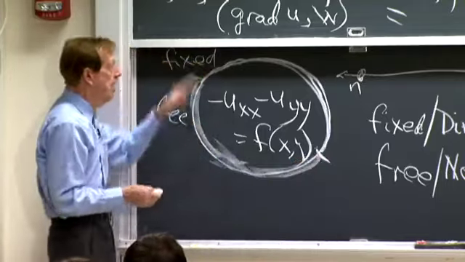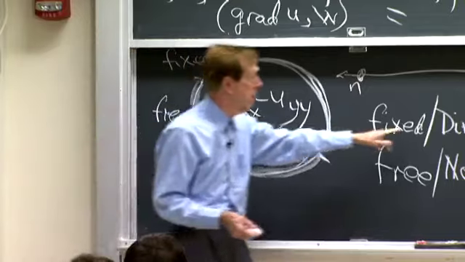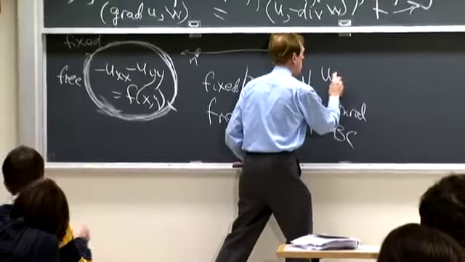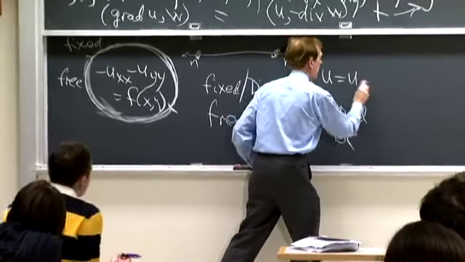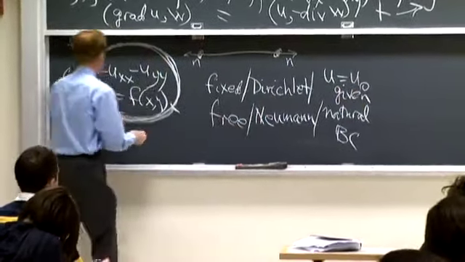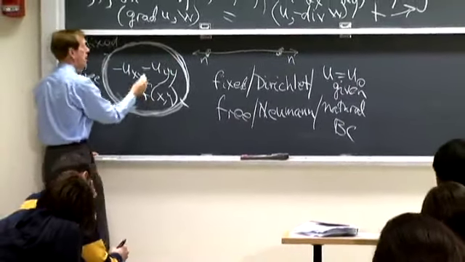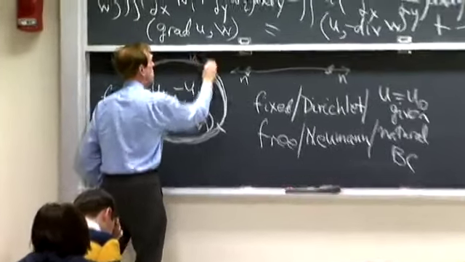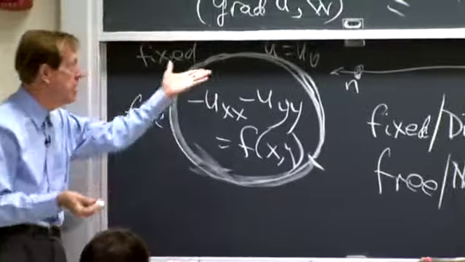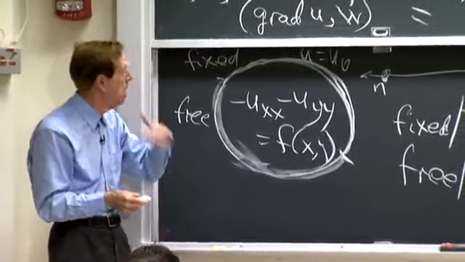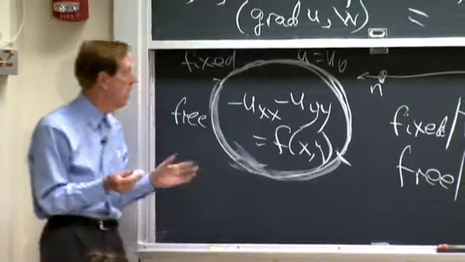Okay, so fixed conditions, these Dirichlet ones, tell me what u is on this part. So on part of the boundary, or possibly all, I could be given u equal u0. That could be 0, as often was the case in 1D. We often just took u to be 0.